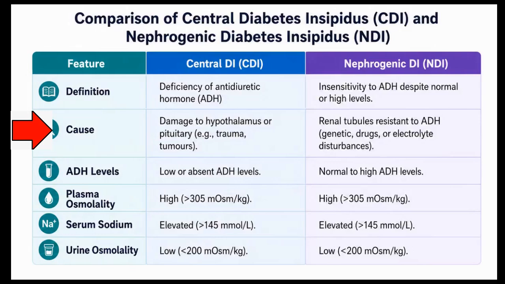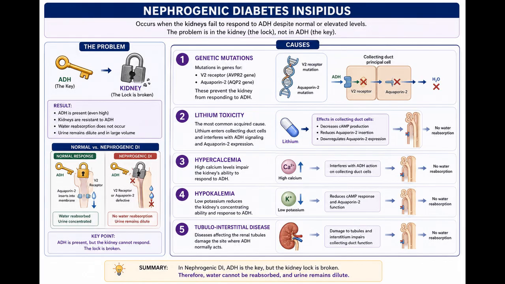Nephrogenic diabetes insipidus. In conditions such as genetic mutations. Examples: V2 receptor mutation, aquaporin 2 mutation. These prevent the kidney from responding to ADH. Lithium toxicity. This is the most common acquired cause of nephrogenic diabetes insipidus.